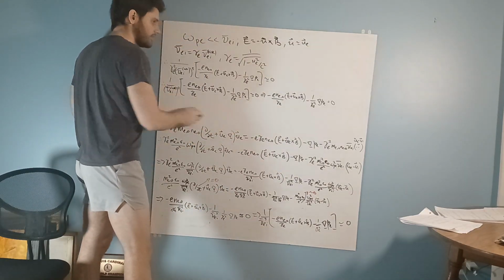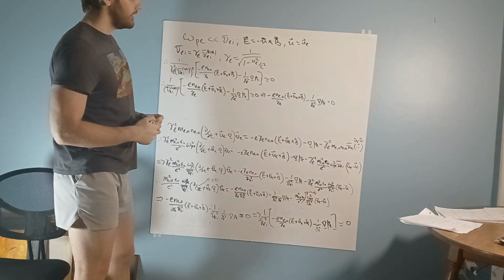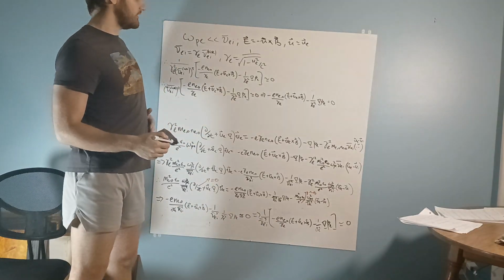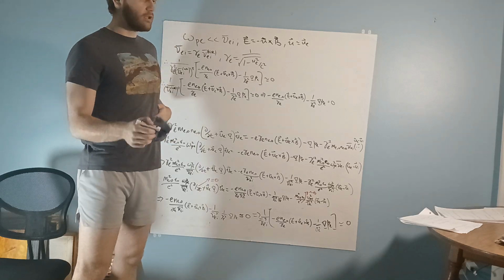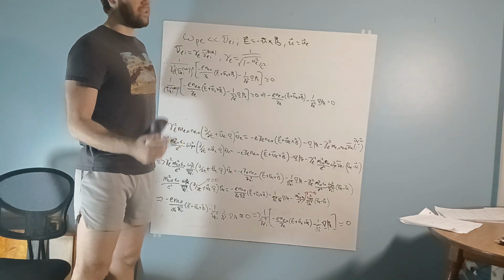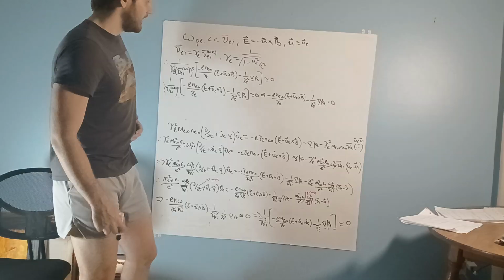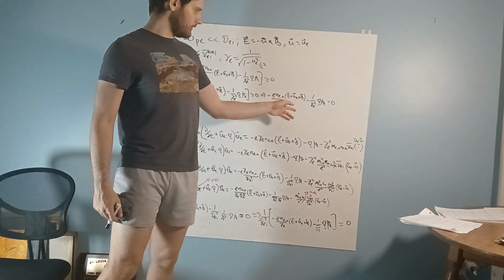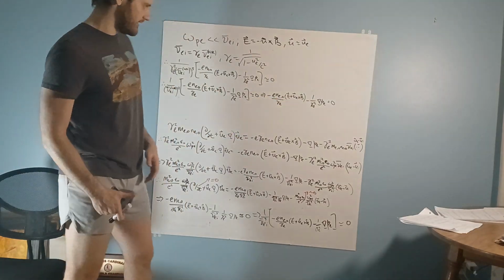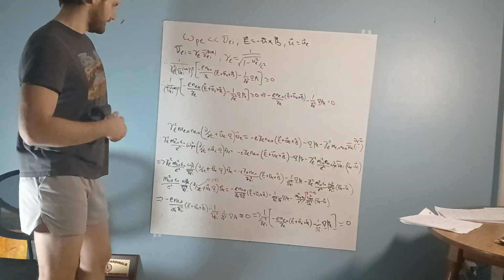That implies that there's a force balance here. And it's very closely reminiscent of the ideal MHD force balance. In fact, if it weren't for this electric field, we would have the ideal MHD force balance.